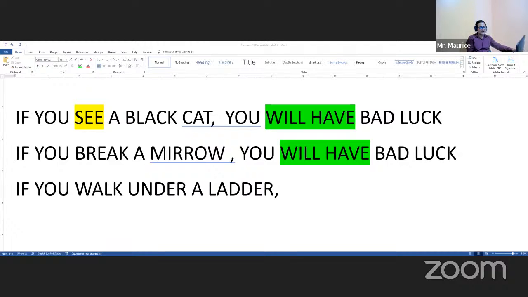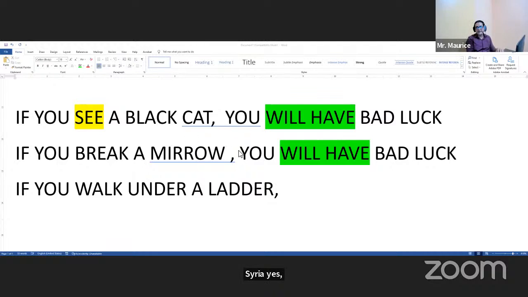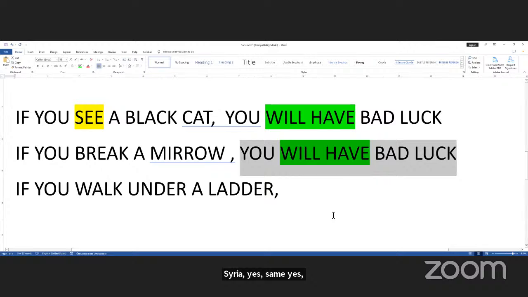If you walk under the ladder, what is the consequence? Sería lo mismo. You will have bad luck. Yes, same. Yes, same. You will have bad luck.